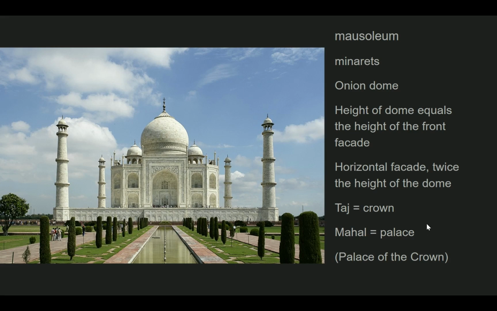Now, Taj means crown, Mahal means palace, so palace of the crown, and this is supposed to represent this palace in paradise. Think of the documentary that you watched, The Art of Paradise, and so we're seeing that play out with this structure. It's surrounded by waterways, fountains, this meticulously planned gardens and flora.